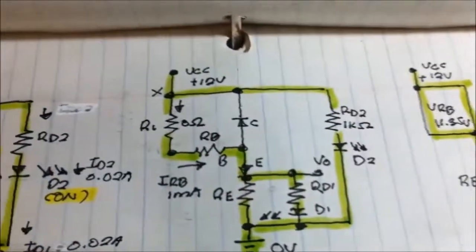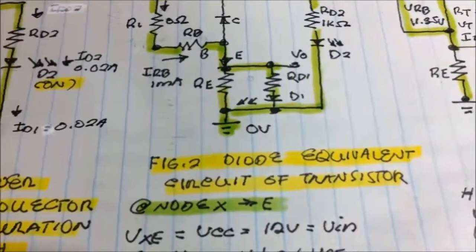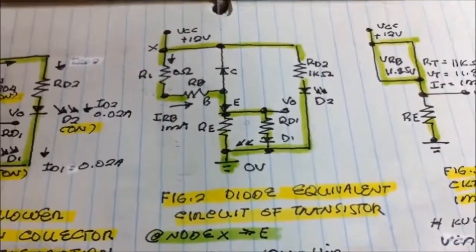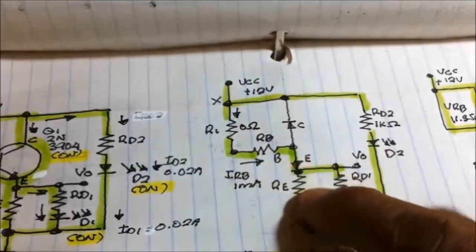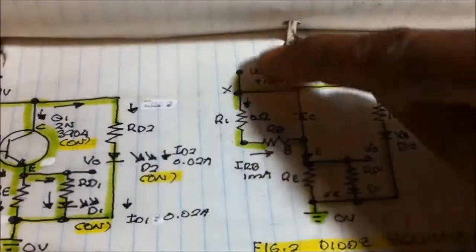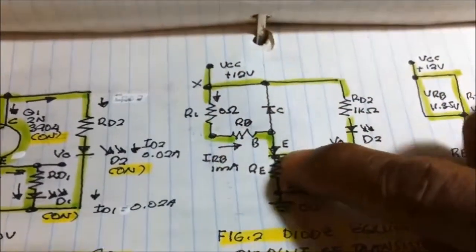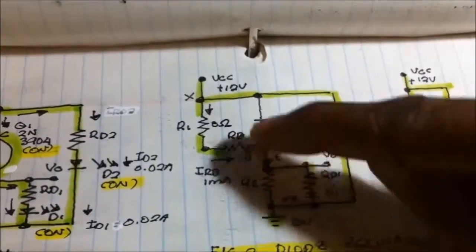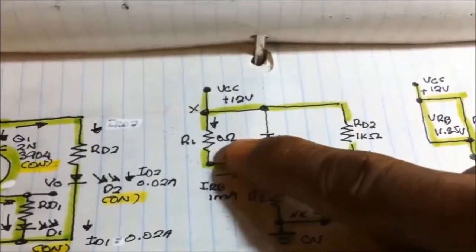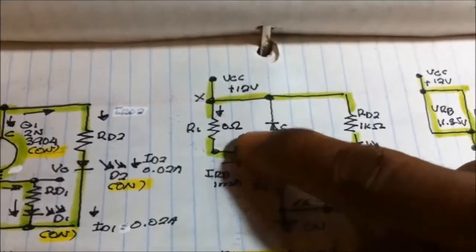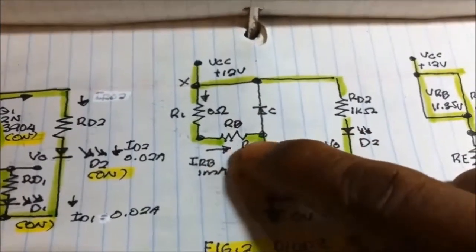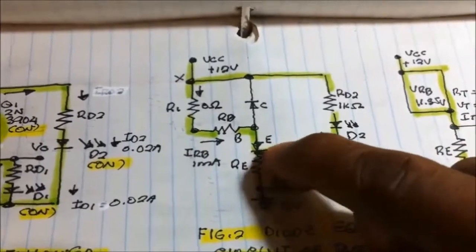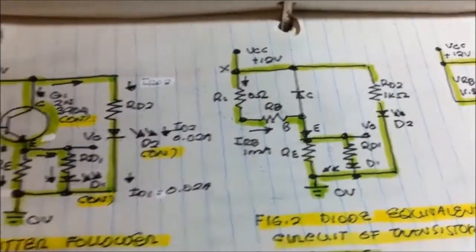Let us see this figure. Figure 2, diode equivalent circuit of transistor. Okay. We have the first KVL here up to the point E. When setting the potentiometer to 0 ohms, current flows to the 0 ohms potentiometer, and then the base resistor, and to the base to the emitter junction of the transistor.